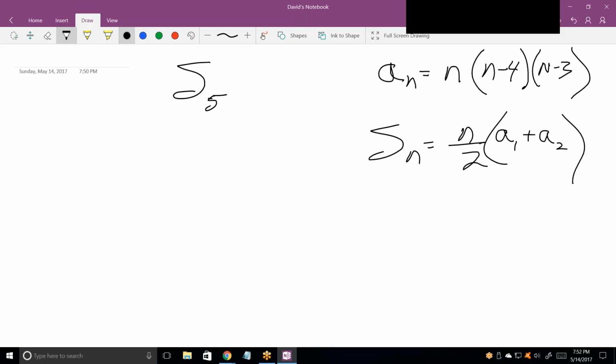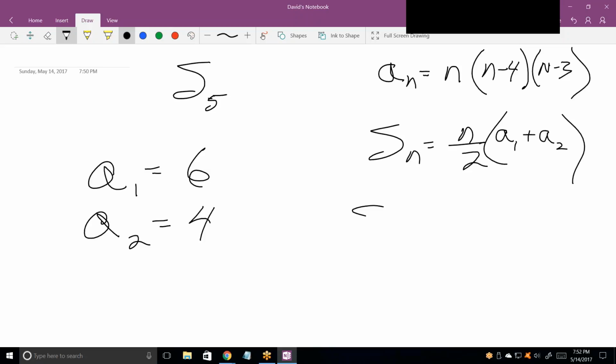What's a sub 1? Just plugging in 1, so it'd be 1, negative 3, and negative 2, so that comes out to be 6. A sub 2: negative 2 times negative 1 times 2, it would be 2 times 2 equals 4, so 4.